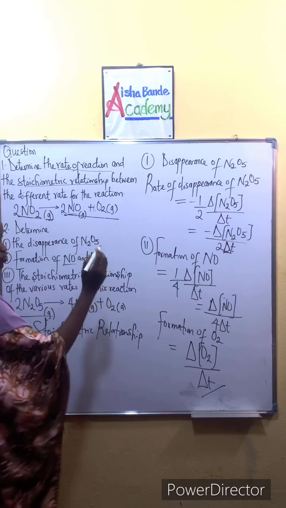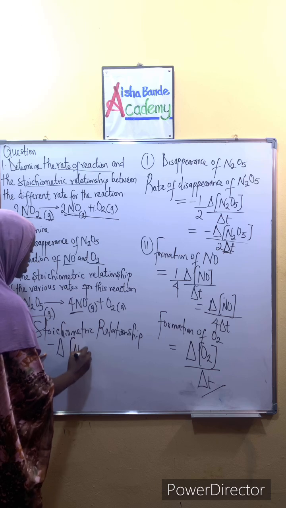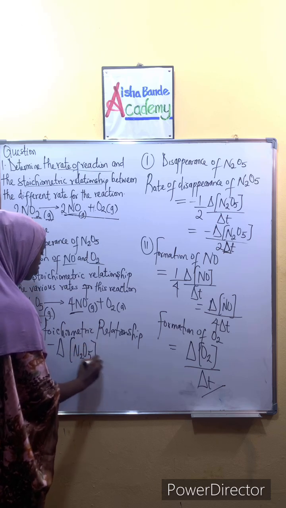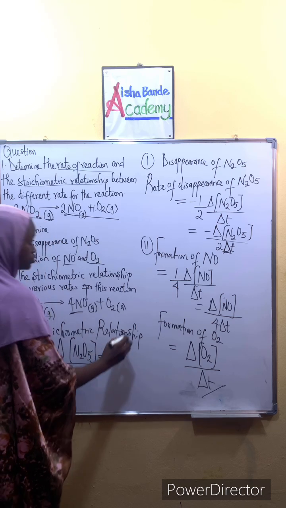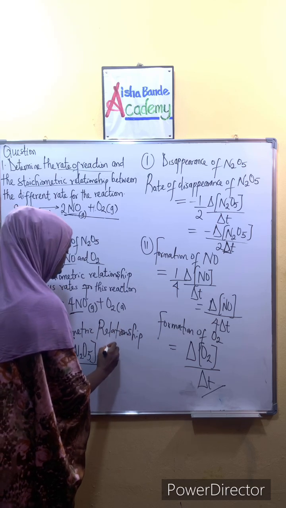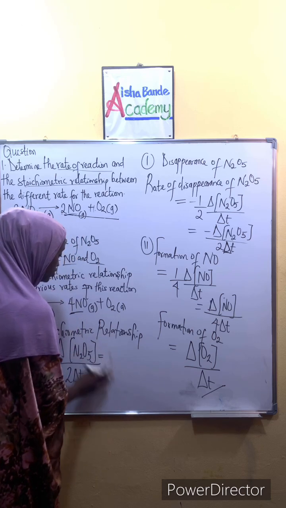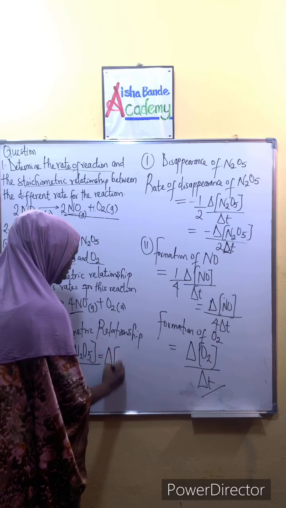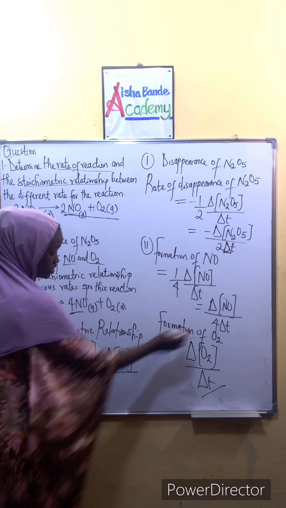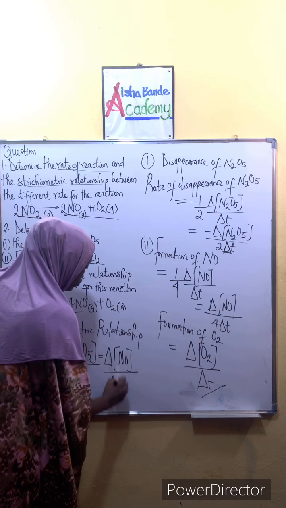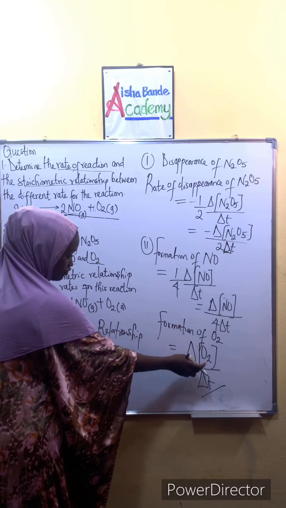Now our rate 1, we have it as negative change in the reactant, which is N2O5, all over 2 change in time, is equal to the change in the concentration of the product, which is NO, which you have here, all over 4 change in time, equal to rate 3, which is for the formation of O2.